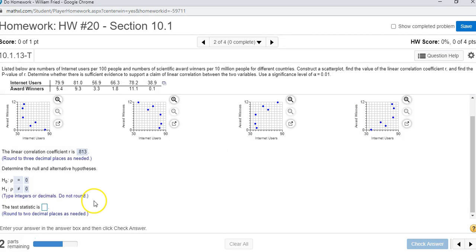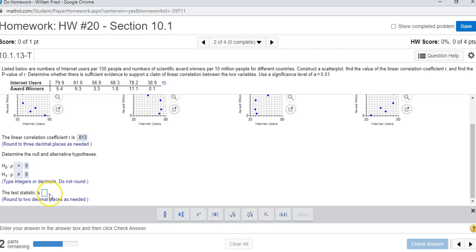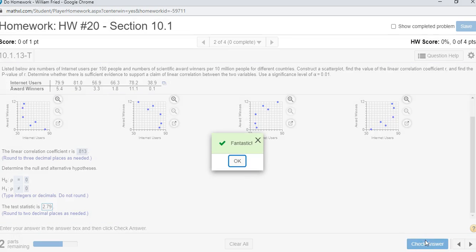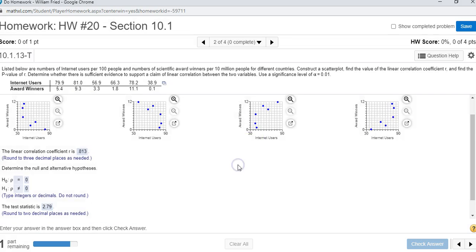The test statistic, that's that T thing that I wrote down. They want 2 decimal places. It was 2.79 to 2 decimal places. Fantastic.